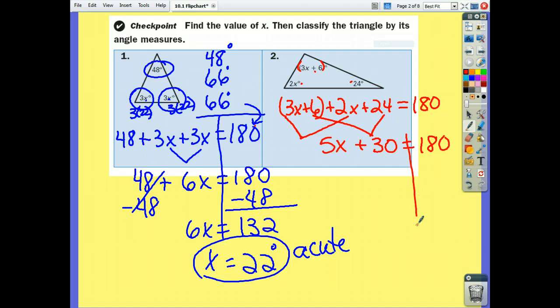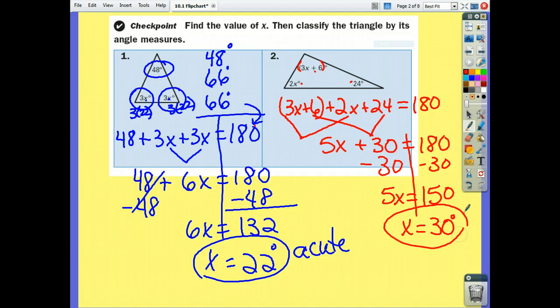Now what? Nice. Subtract 30. 5x equals 150. What does x equal, class? 30 degrees. Okay, I've solved for x. Now, let's find the measure of all my angles. Well, this one's easy. It's 24 degrees.